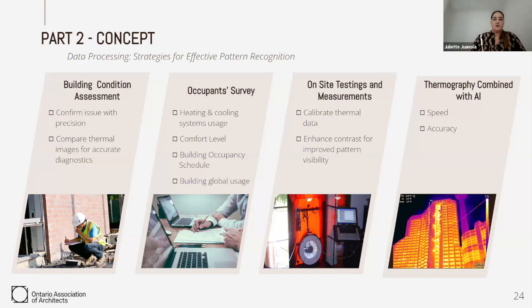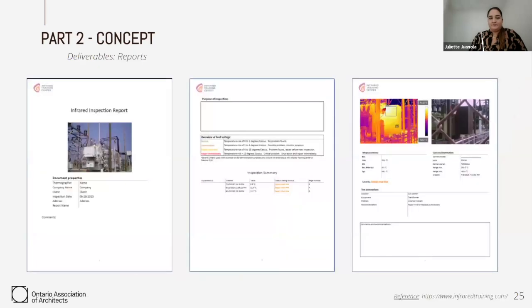I talked about the blower door test, so this falls into this category. And thermography during this analysis part can be combined with AI to become a very powerful tool. AI will enable us to increase the speed and accuracy of the analysis. We're going to talk about AI a bit more in the next section to explain how it works. But this is how it can be performed.